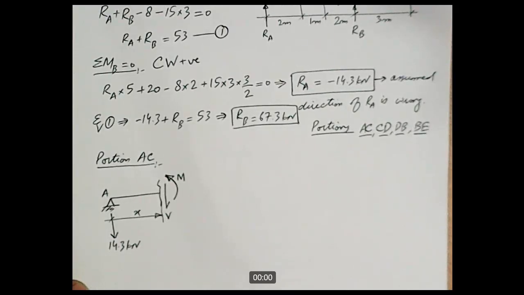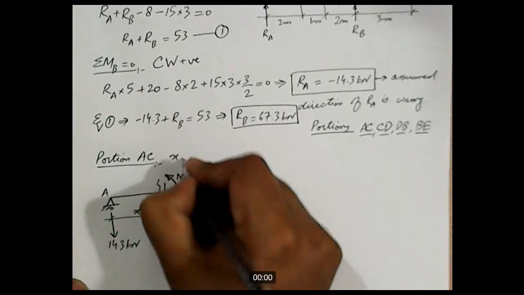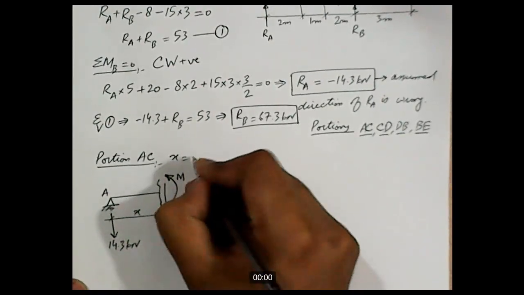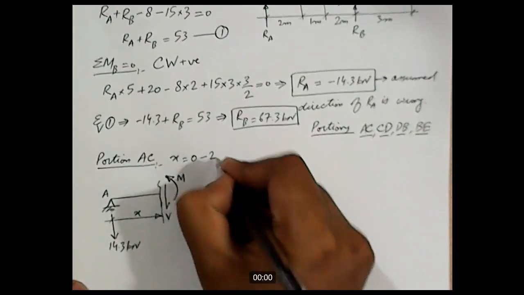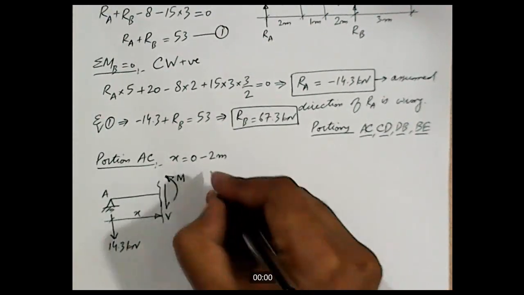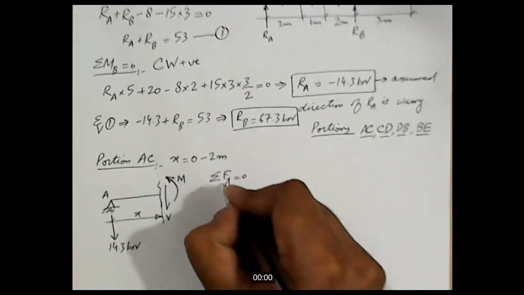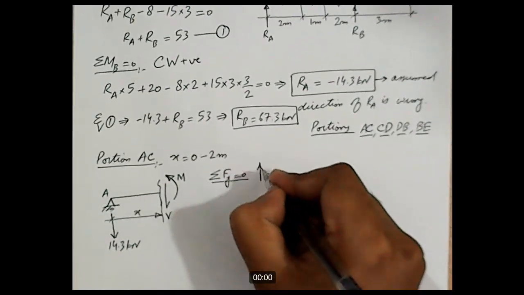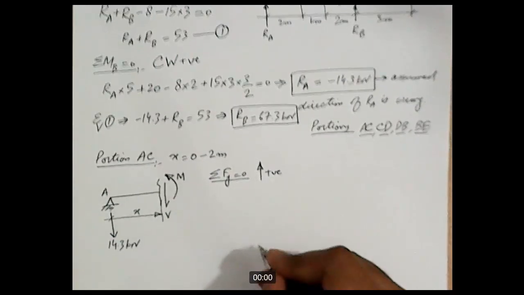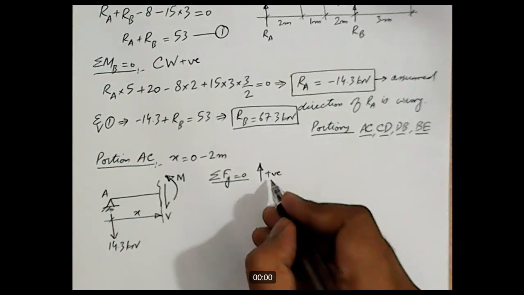Now let's write down the equations for shear and bending moment, and we also need to write down the range of X, which is from 0 to 2 meters. Let's apply the conditions of equilibrium. Sigma Fy equal to 0, and our convention will be that upward forces are taken as positive. How many vertical forces are there?